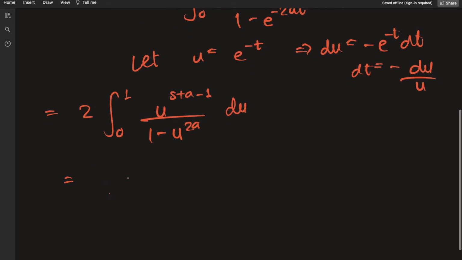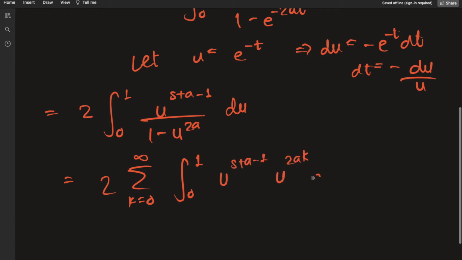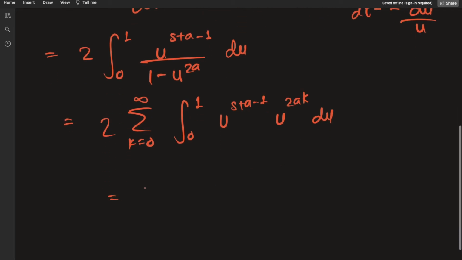Now we can use the geometric series like before, but we don't have this alternating term luckily. Sum from k equals 0 to infinity, integral from 0 to 1, u raised to s plus a minus 1 times u raised to 2ak du. So just calculate the antiderivative.